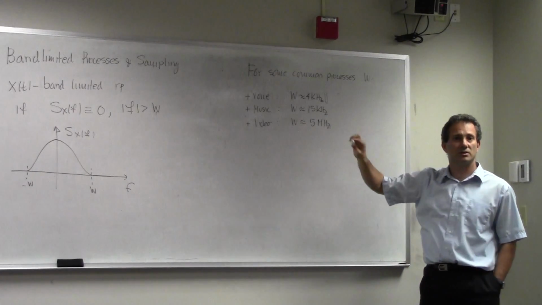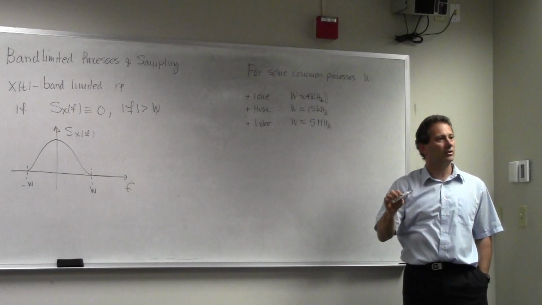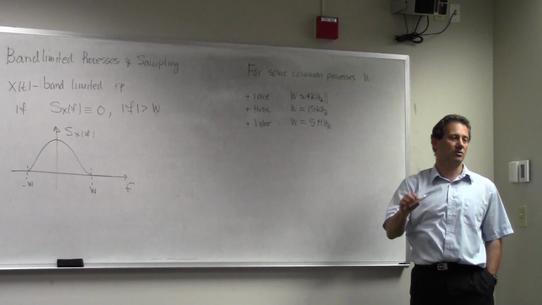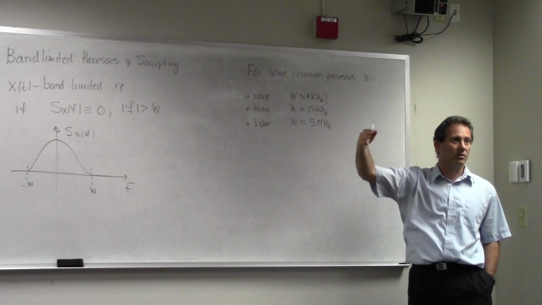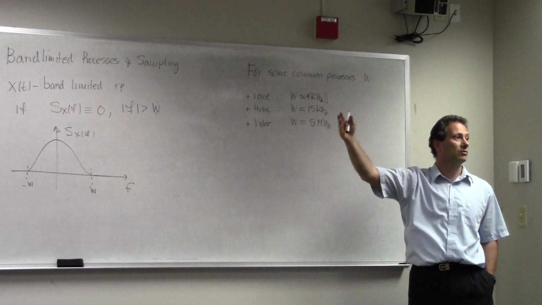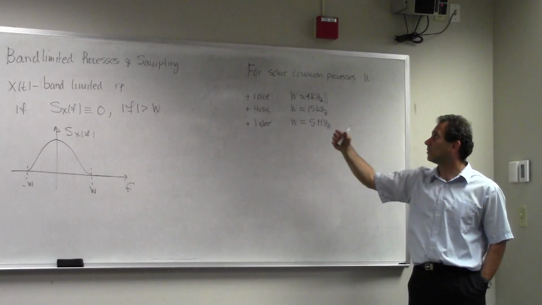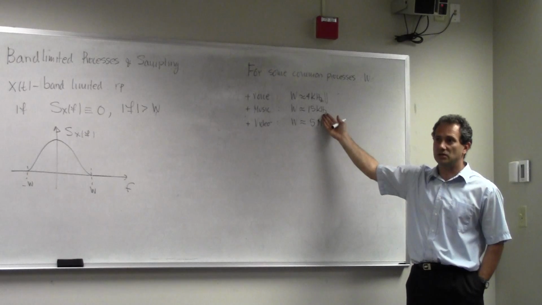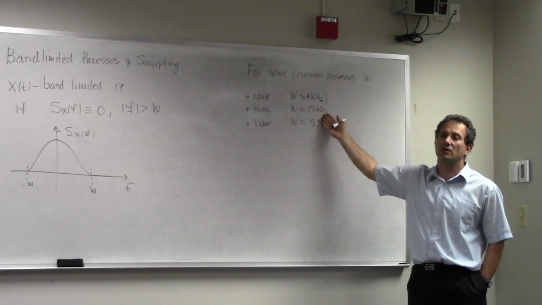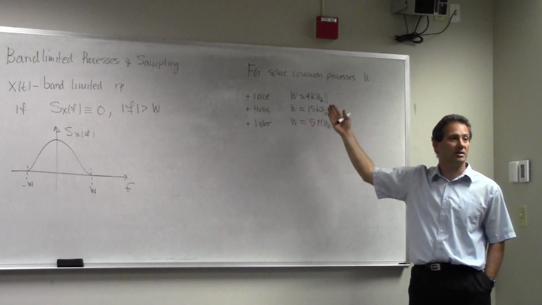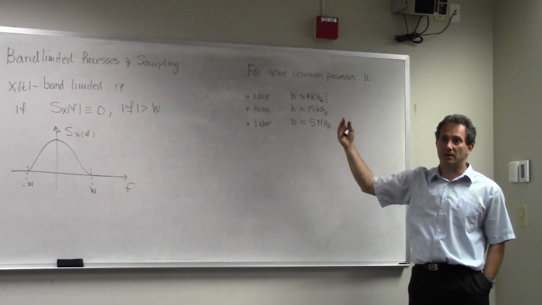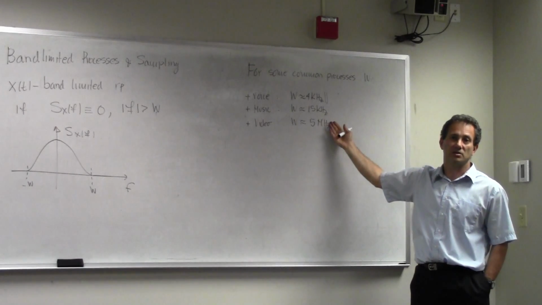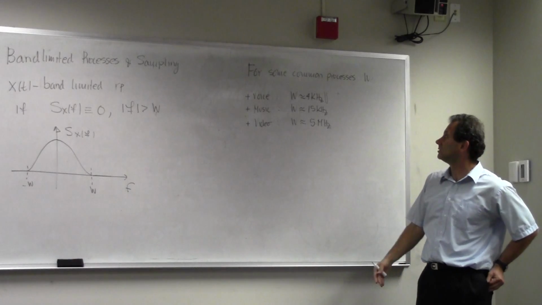Music, 15 kilohertz. That's not what is produced by musical instruments. You know very well that when you pluck a string, it generates all the harmonics that extend beyond what we can hear. For communications, we cut it off at 15 kilohertz, and this is FM radio quality. In FM radio, we broadcast music which is 15 kilohertz wide.